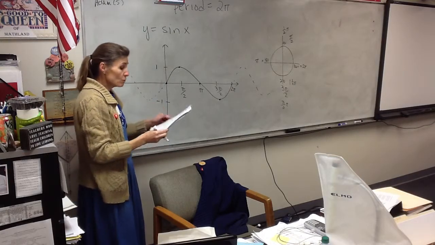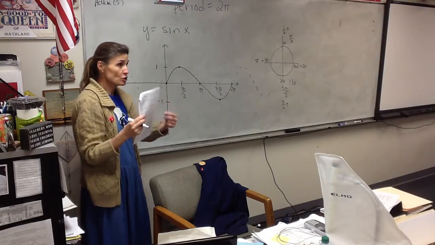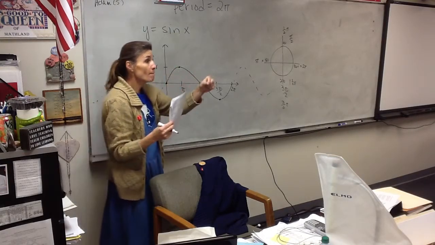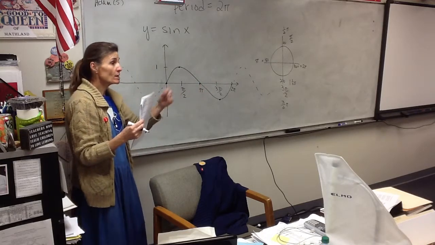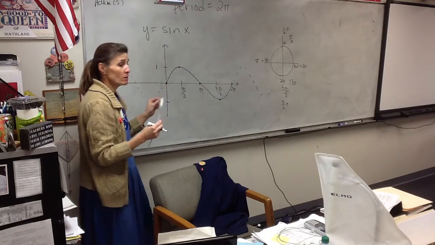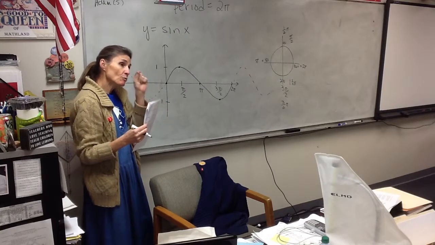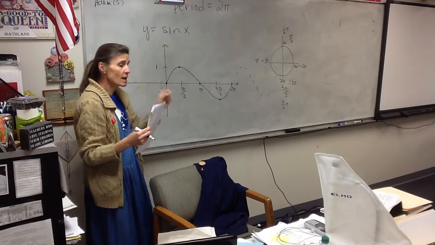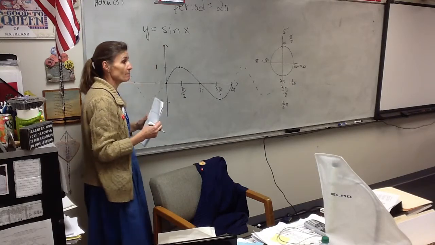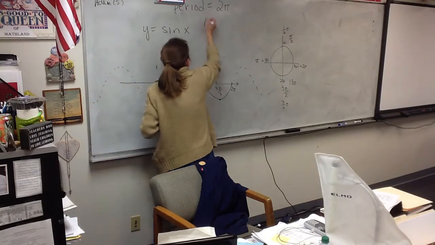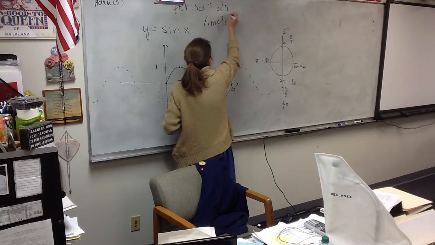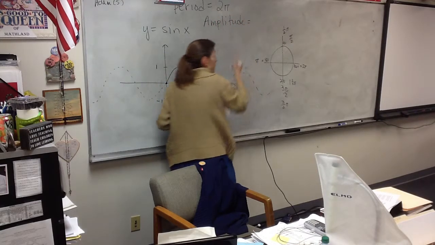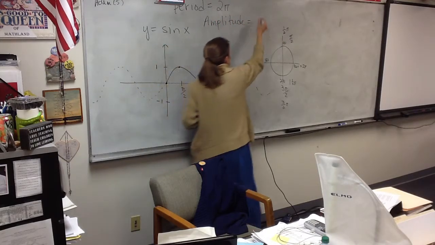Now, if you've looked ahead at some of the other equations, you'll notice I've stuck numbers in the equations. That's going to change the period. But you need to remember that the regular period, the period of the regular sine function is 2 pi. The amplitude of the regular sine function is 1.